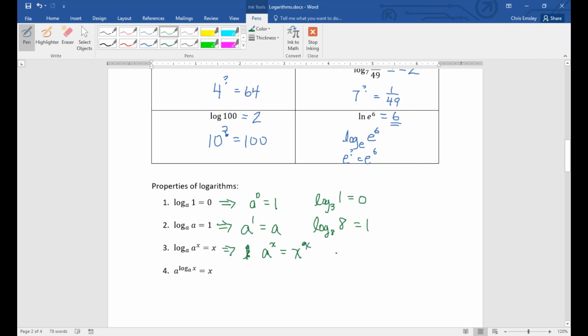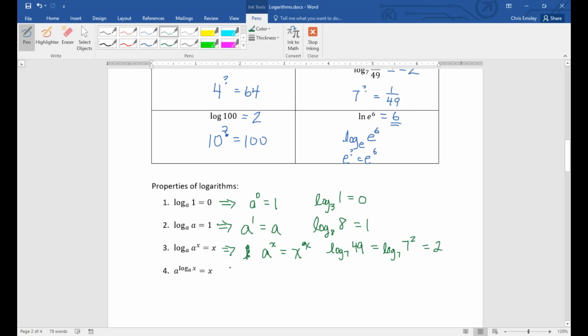So as a sample for this one, if we had log base 7 of 49, well, we already know how to figure that out, but we could rewrite that to demonstrate this property. Log base 7 of 7 squared is equal to 2. And this final one is not quite as easy to explain as the others.